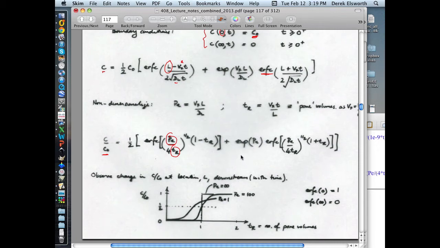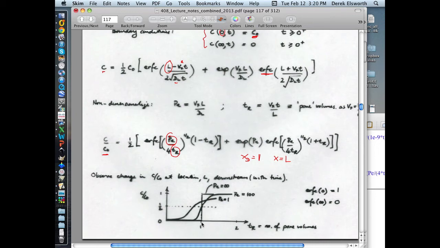In other words, you're looking at the behavior. This is written for the location downstream where x_D is equal to 1, so in other words x equals L, the end of the core. If you plot this curve, you end up seeing that, importantly, it doesn't always go through this ordinate. This is the right-hand compliance point curve of how concentration changes with time.